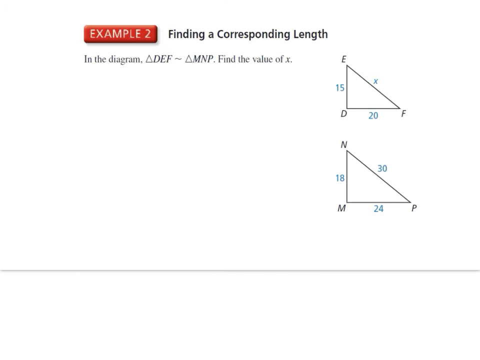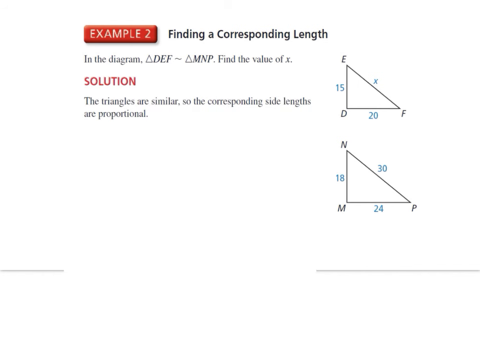So let's take a look at this next example and find the value of x, knowing that triangle DEF is similar to triangle MNP. First, knowing that the triangles are similar means that we can conclude that corresponding side lengths are proportional. So start by writing a proportion.